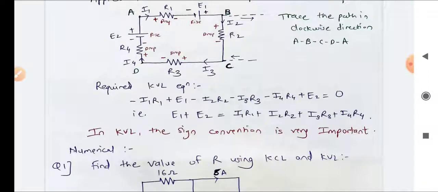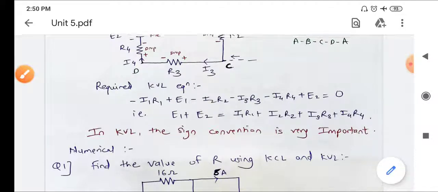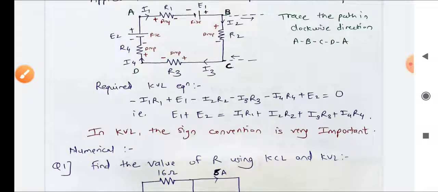So this will be our equation: minus I1 R1 plus E1 minus I2 R2 minus I3 R3 minus I4 R4 plus E2 is equal to 0. That is, E1 plus E2 is equal to I1 R1 plus I2 R2 plus I3 R3 plus I4 R4.